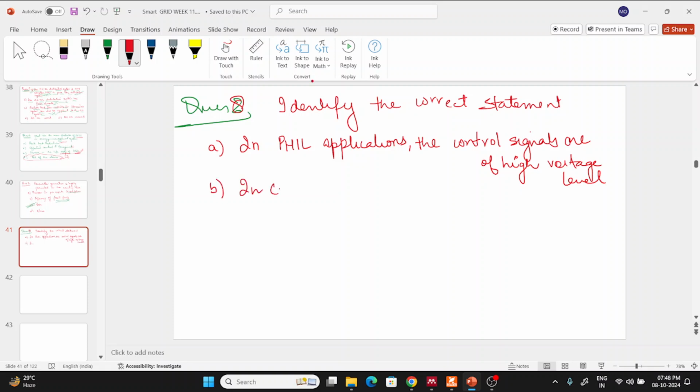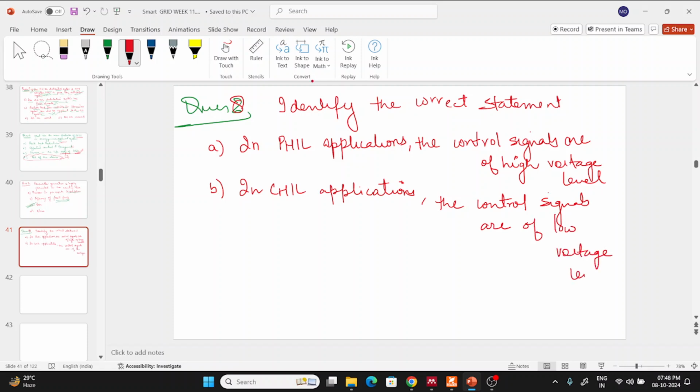B: In CHIL applications, the control signals are of low voltage level.